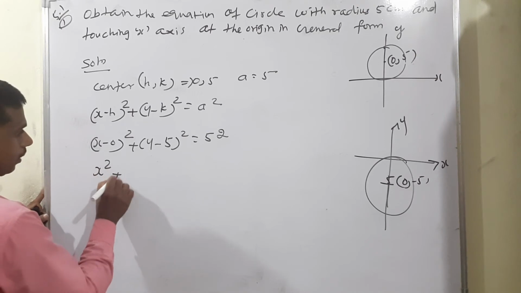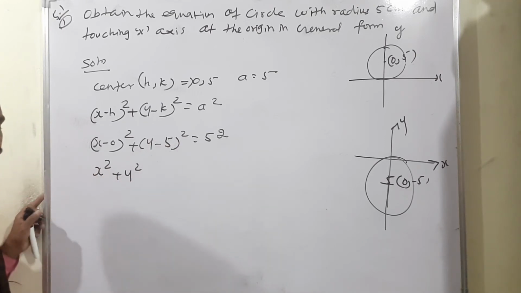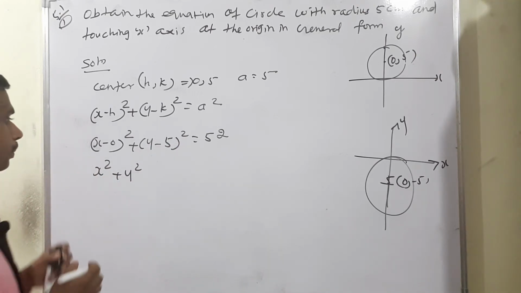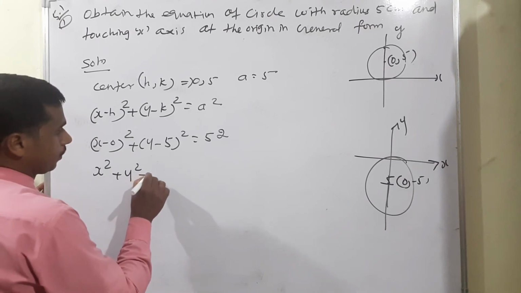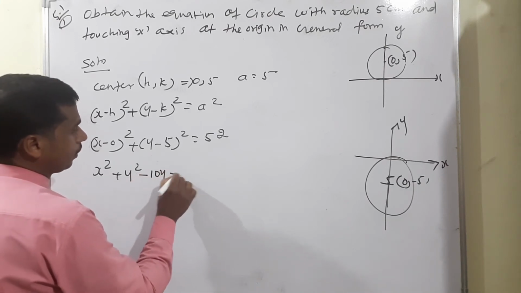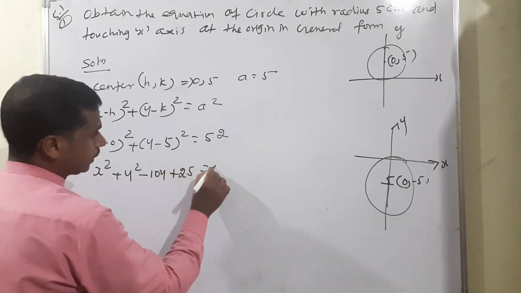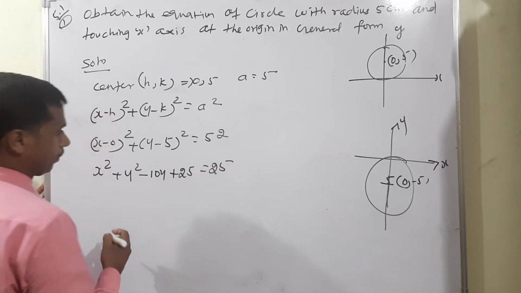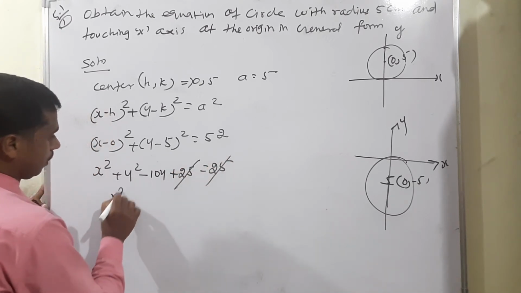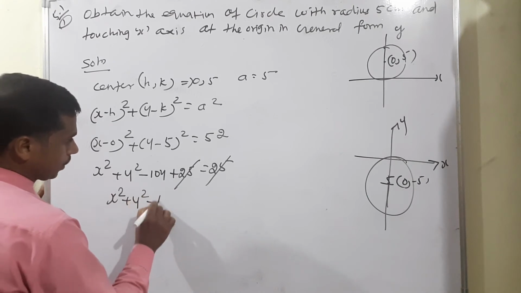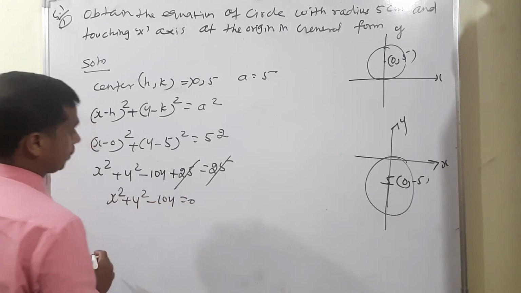So x square plus, using (a minus b) the whole square form, a square minus 2ab plus b square, y square minus 10y plus 25 is equal to 5 square, which is again 25. Therefore 25 cancels. First answer: x square plus y square minus 10y is equal to 0.